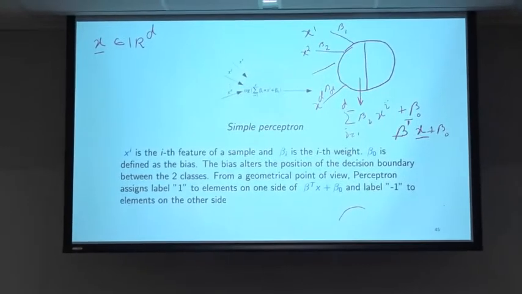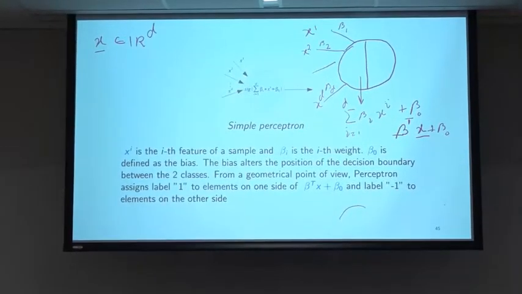The second part of the perceptron is a nonlinear function, which is usually called the activation function. When we apply a nonlinear function to this weighted sum, traditionally this activation function is a step function. So if beta transpose x plus beta null is negative, when you apply a step function to it, the output would be negative 1.